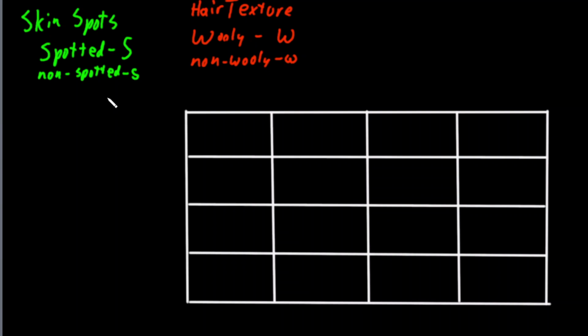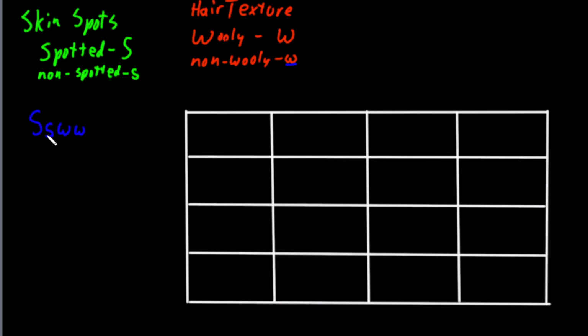It says cross a marriage between a heterozygous spotted, okay, heterozygous means different, so we'll have a heterozygous spotted non-woolly man. Now, in order to be non-woolly, it's going to have to be homozygous recessive.